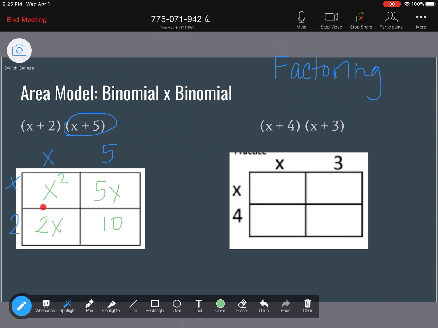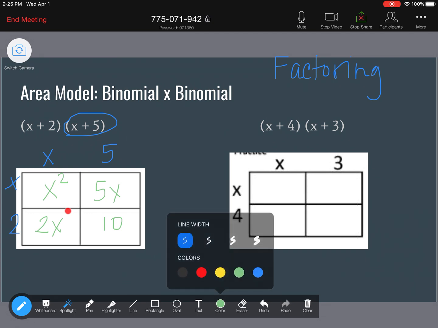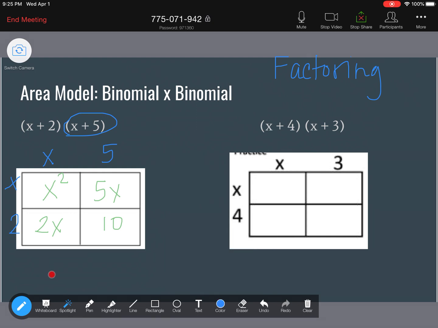If you notice right here, we have a 2x and a 5x. Those are like terms. They have the same base with the same exponent, an x to the first power, so we can combine those like terms. So we're going to write it out. X squared.